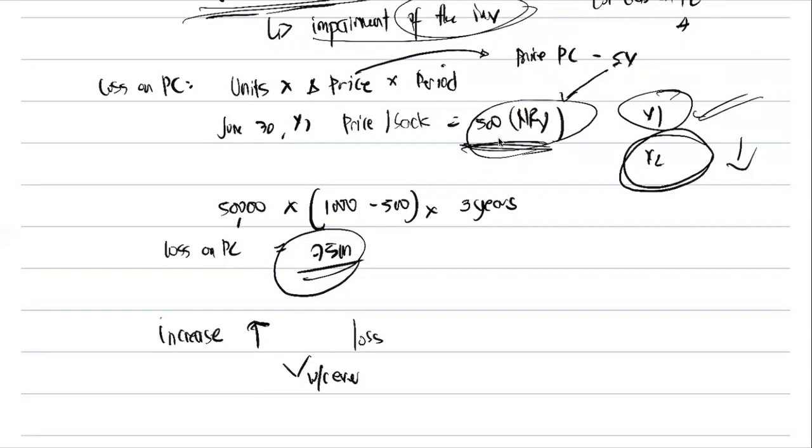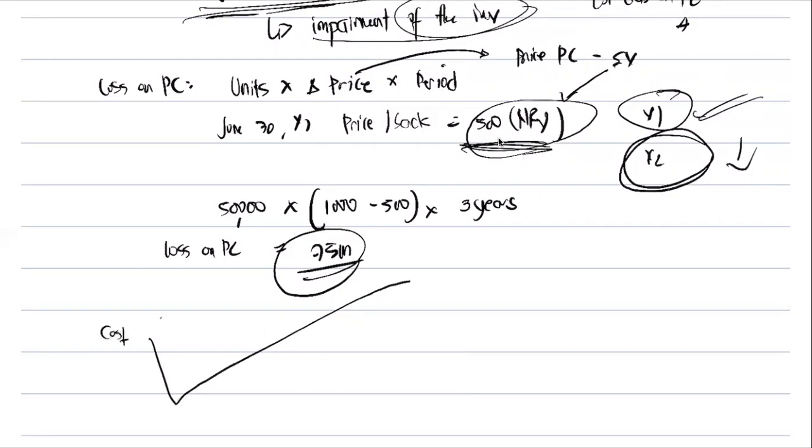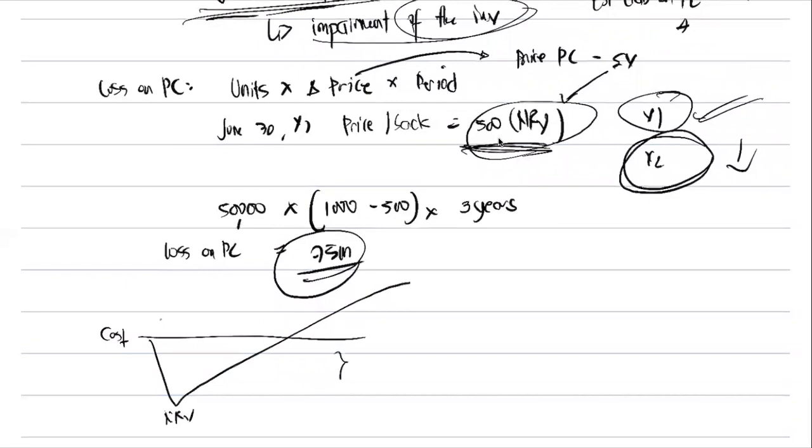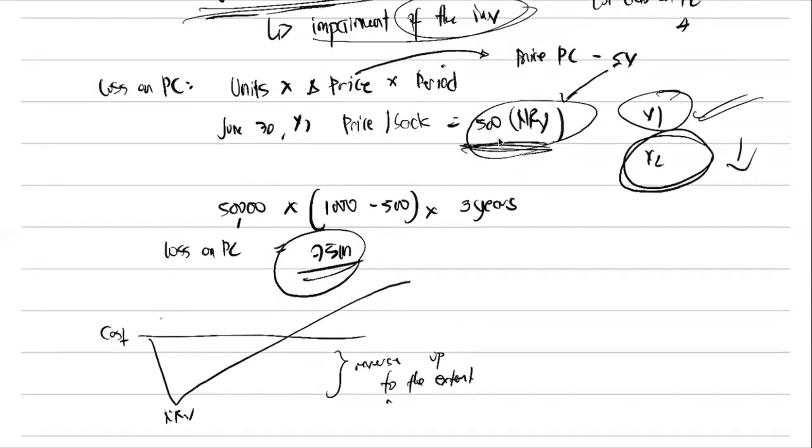Okay, sige, baka naguluhan kayo dito. So, naalala nyo yung kanina, andito yung ating cost, andito yung NRV natin, tapos nag-increase siya. You can only reverse up to the extent of the previous impairment.